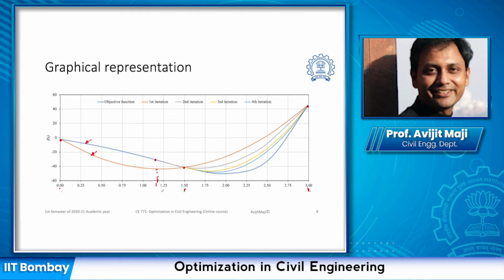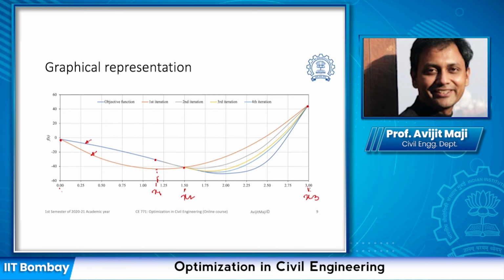So in the second iteration, my x1 is going to be 1.216, which is here. This will remain as x2 and this will remain as x3.